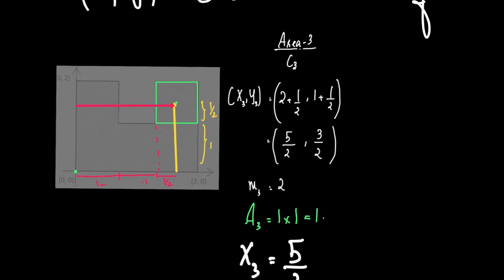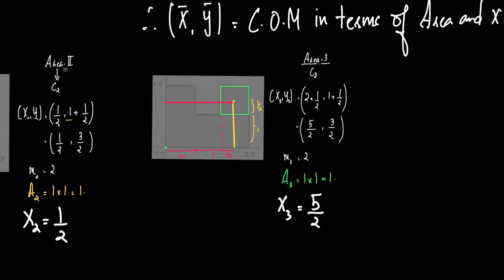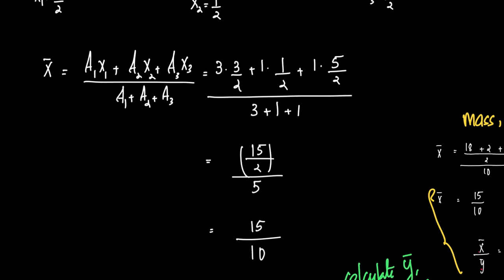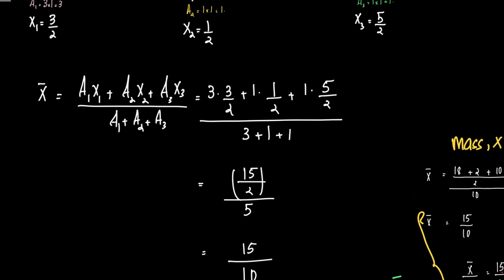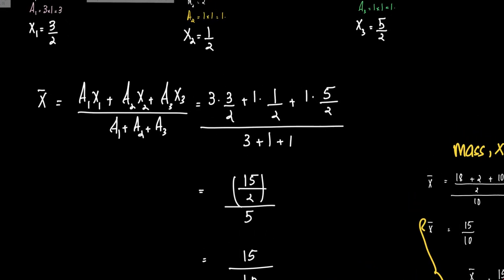And for area 3, width is 1, height is 1. Therefore, area 3 will be 1 into 1. x3 we have calculated earlier as 5 by 2. Now, if we have x1, x2 and x3 and a1, a2 and a3, what is x bar now equal to? X bar will be equal to a1 x1 plus a2 x2 plus a3 x3 the whole upon a1 plus a2 plus a3.